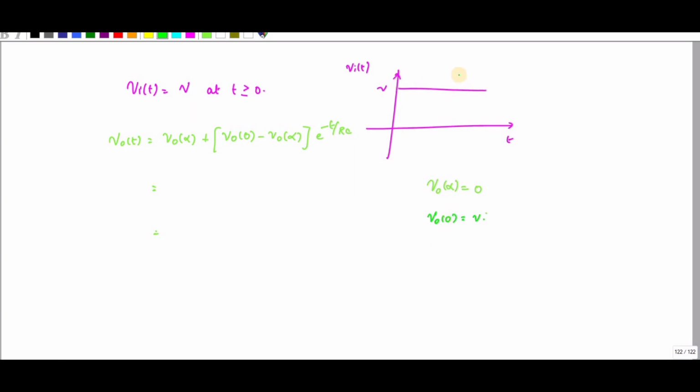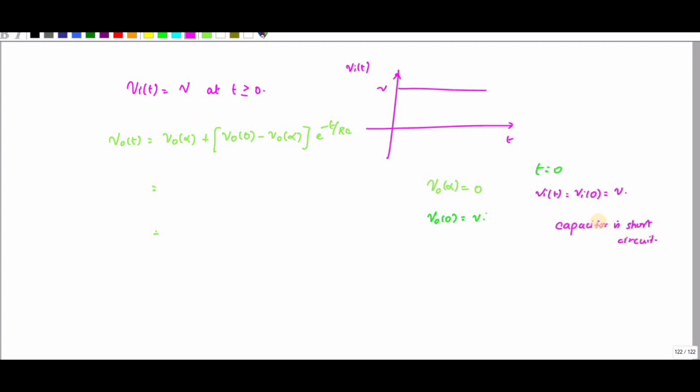Whenever the step input is given, there is a sudden change in the input, right? At t is equal to 0, the input suddenly goes to V, right? So Vi of 0 is equal to V. It suddenly changes, so the capacitance is short circuited.